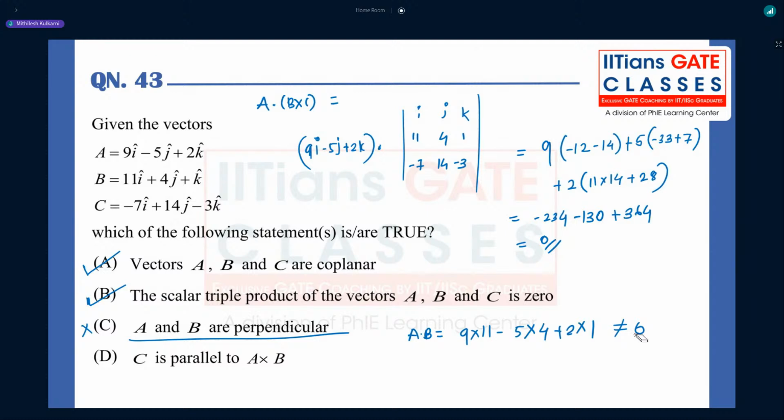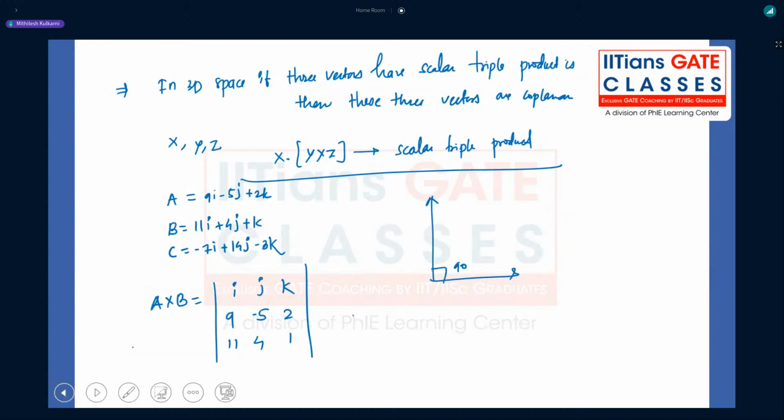Now we will go to option D, whether C is parallel to A cross B or not. So let's come to that part. We will calculate A cross B, and then we'll check for parallel.